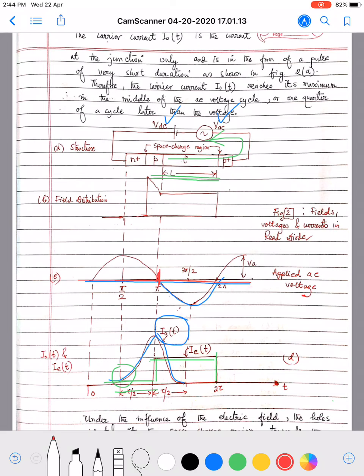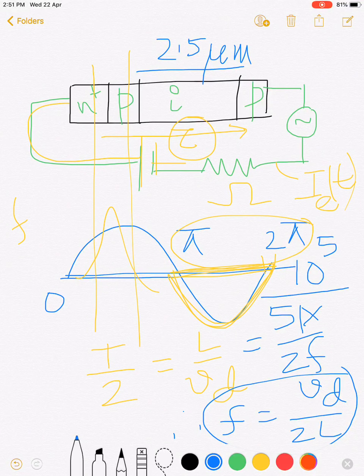So for a Vd equal to 10 to the power 7 centimeter per second, or 10 to the power 5 meter per second, and suppose this region is 2.5 micron, so for 2.5 into 2, that is 5 into 10 to the power minus 6, the oscillation frequency will be 20 gigahertz.